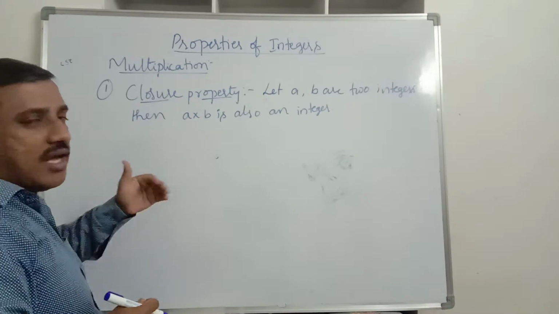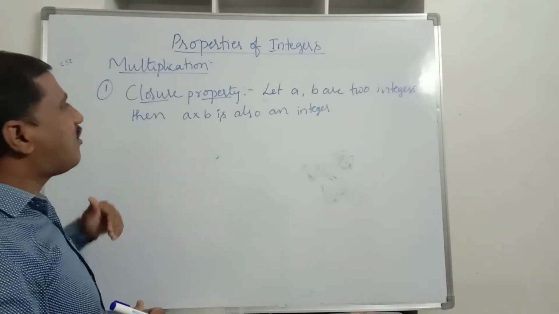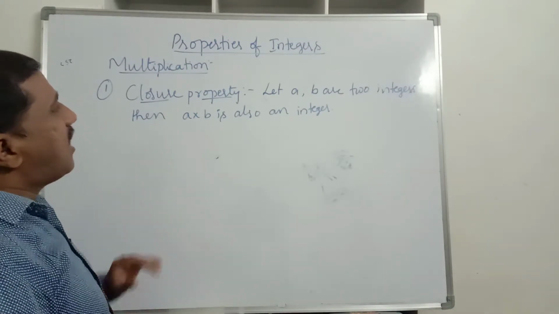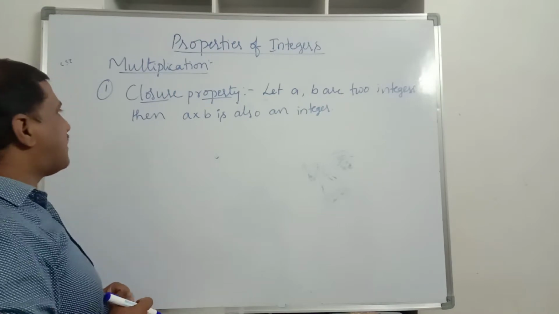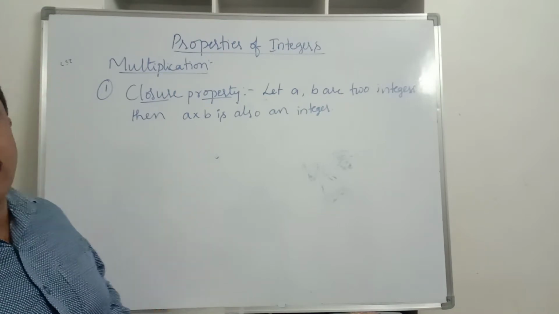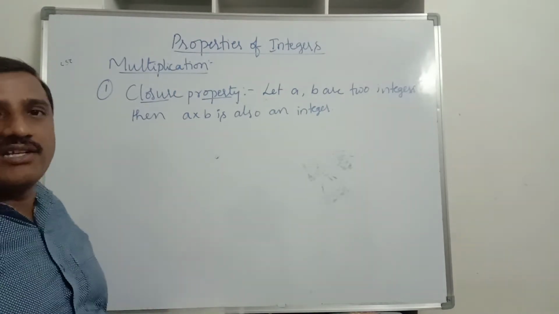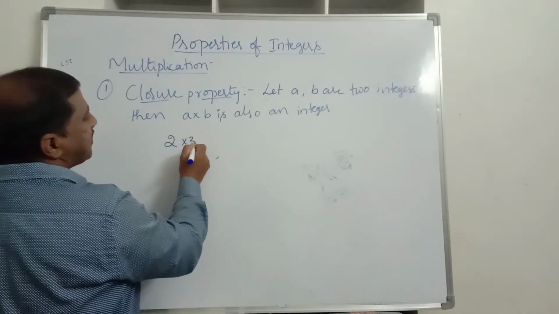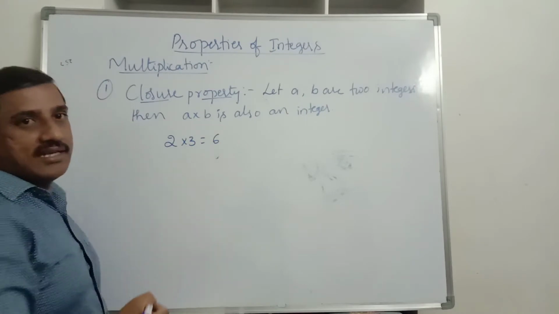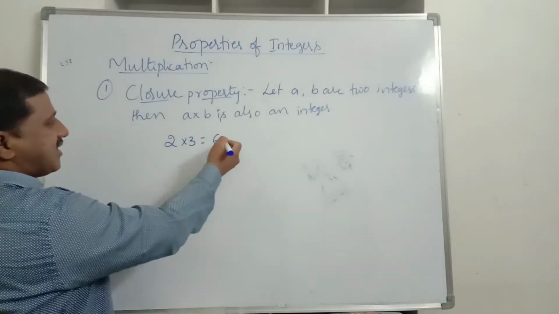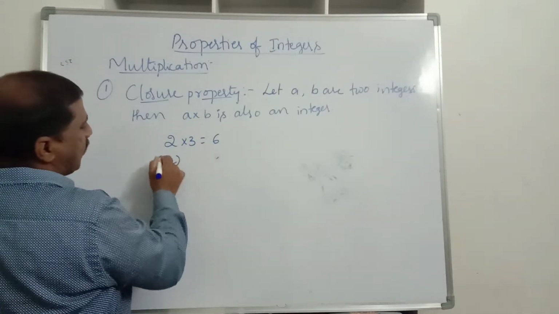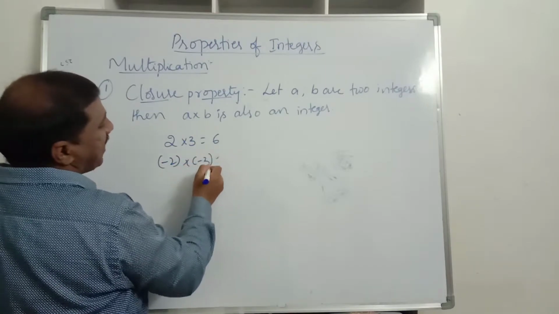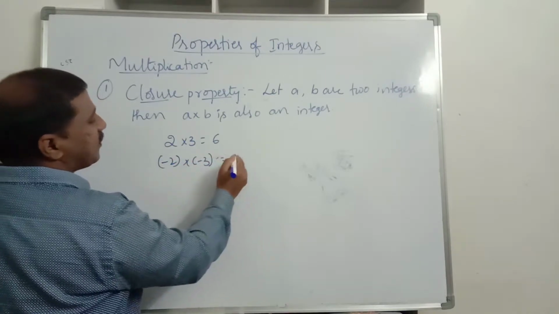Already we have proved it with some examples. Now we are going to discuss some examples again. Let a, b be two integers, then a into b is also an integer. Examples. 2 into 3 is equal to 6. It is an integer. Minus 2 into minus 3: minus into minus is plus, 2 into 3, 6.